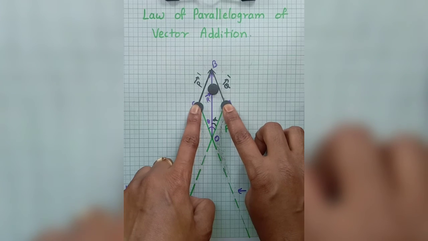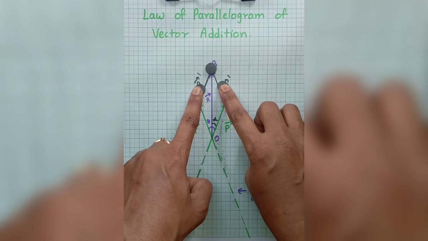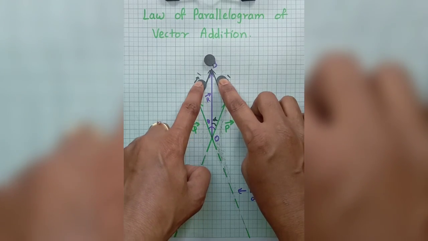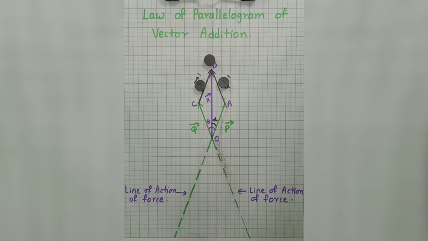So this is acting along the direction of the vector, and you can find that the third magnet has traveled along the diagonal of the parallelogram. So this will prove the law of parallelogram of vector addition.